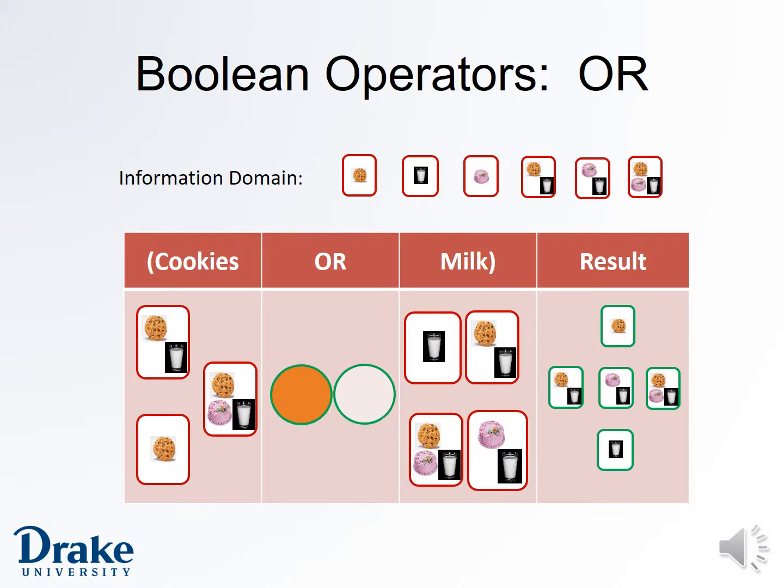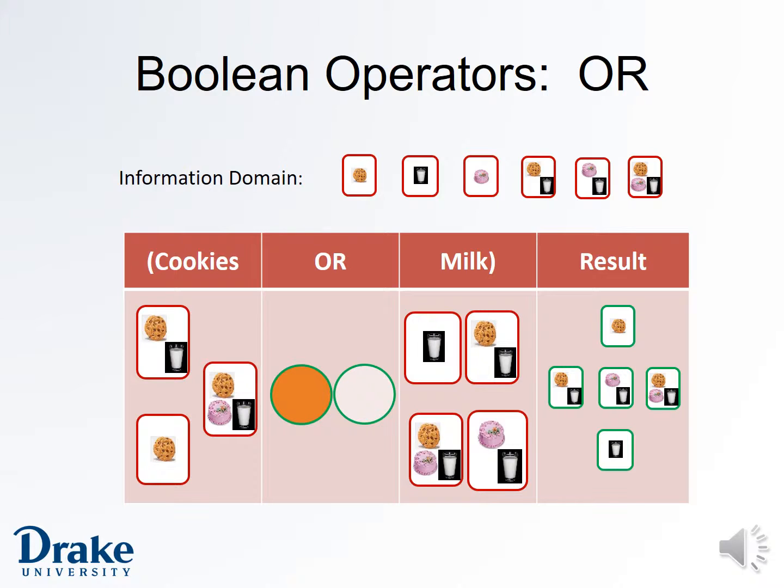Turning to the second Boolean operator, OR, and once again using our menu of treats as our information domain, we form our two sets. One set with cookies, and one with all the menu items which have milk on them. By using the Boolean operator OR, what we're saying is we want either cookies or milk. We'll take either. So we end up with a set, once we delete duplicates, of 5.